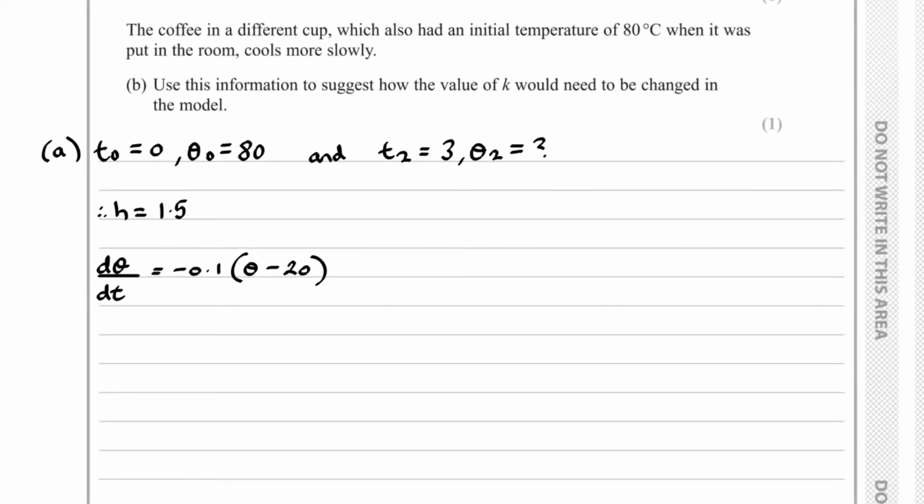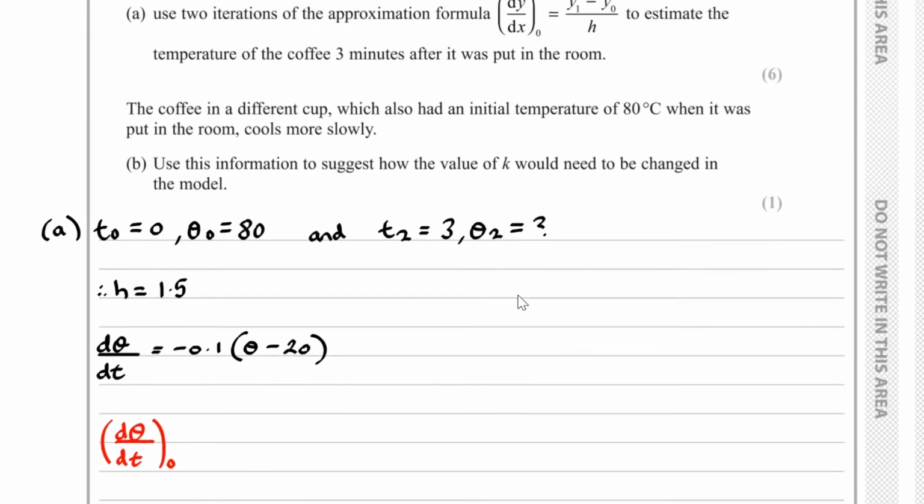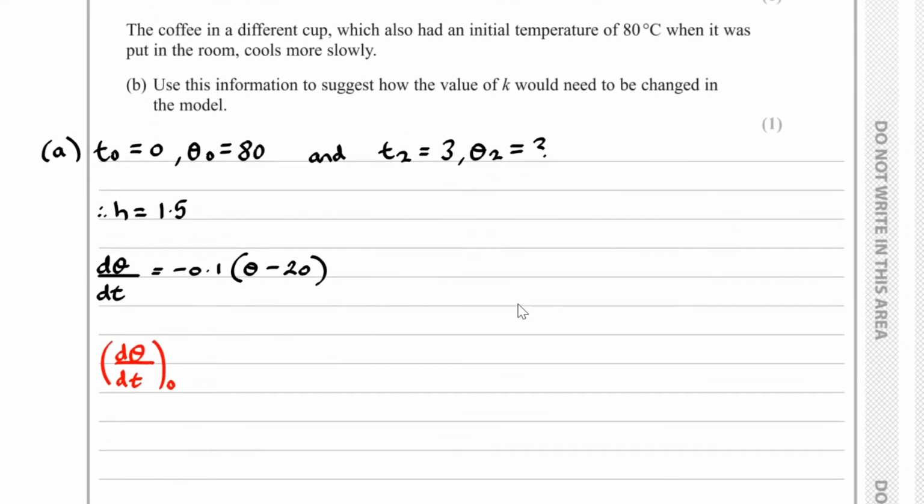So perhaps if we write this down in a different colour, we have d theta over dt 0 is approximately theta 1 minus theta 0 over h. Okay? And with this, we can write out an iterative formula.